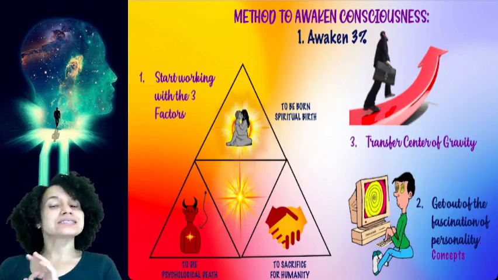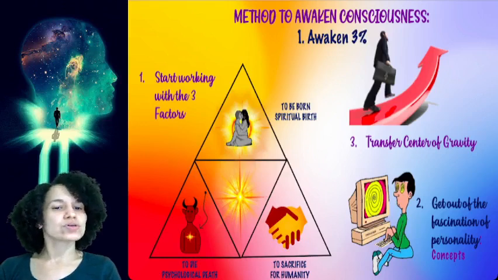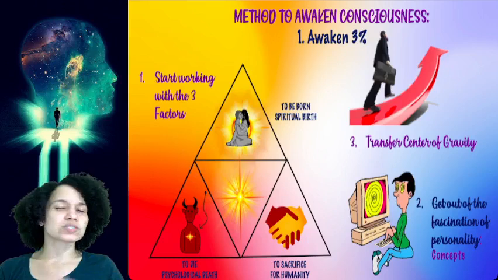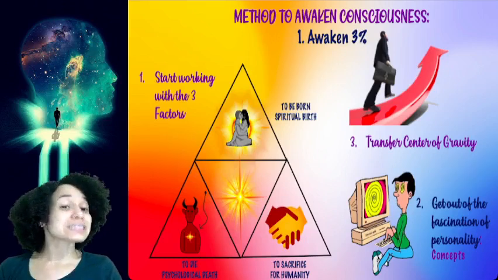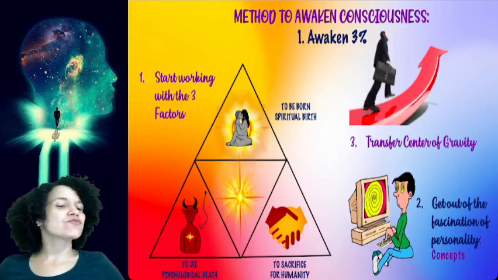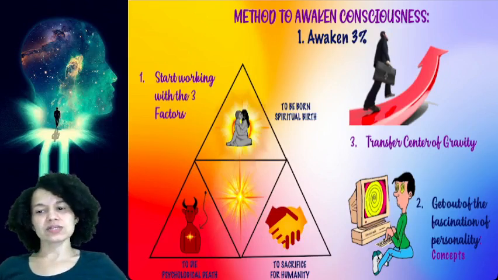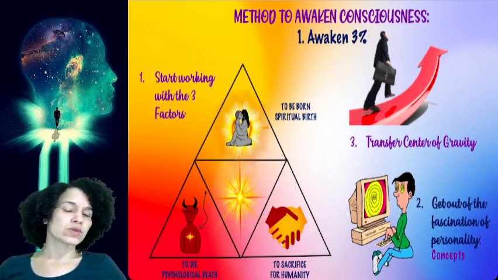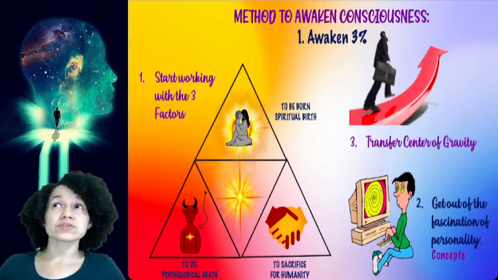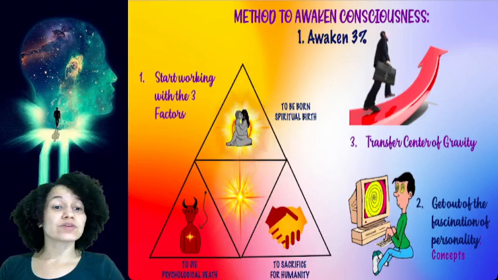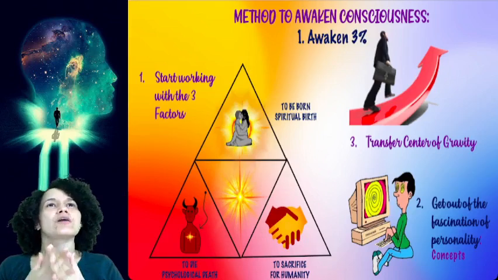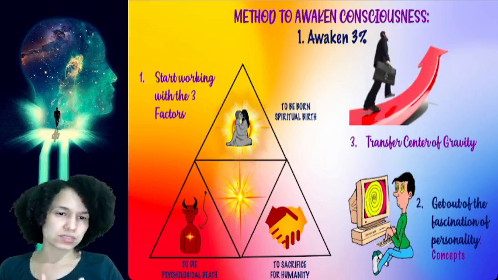And well, there is a second thing that we must do to awaken the 3%, and it is to start getting out of the fascination in which our personality puts us with the things of the world. We need for this to work on all of those concepts that keep us entangled in the things of the personality, that keep us giving all of our time and all of our energy to pursuing subjective things, you know?